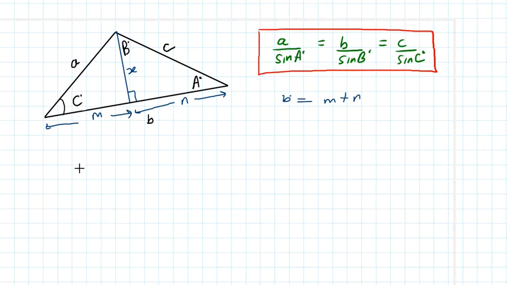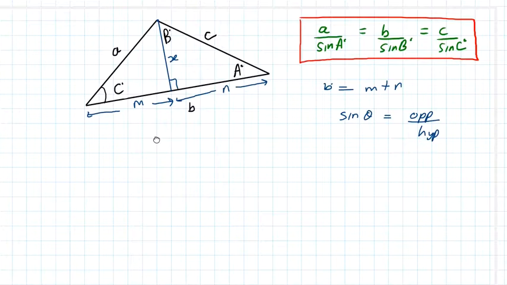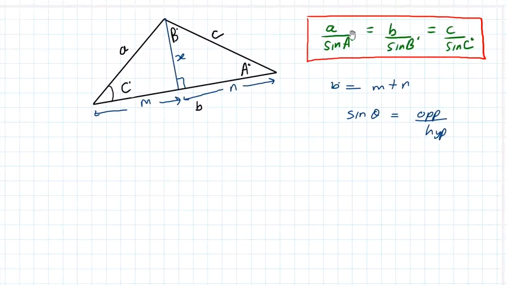Okay, so from trigs, we know that sine of an angle is equal to opposite over hypotenuse, right? So that's what we are going to apply to arrive at this final formula. Let's start with C. We can say sine C, angle C, is opposite, x, over hypotenuse.